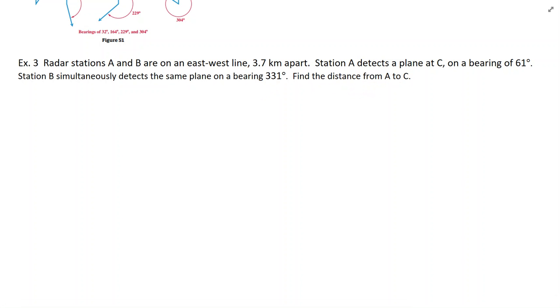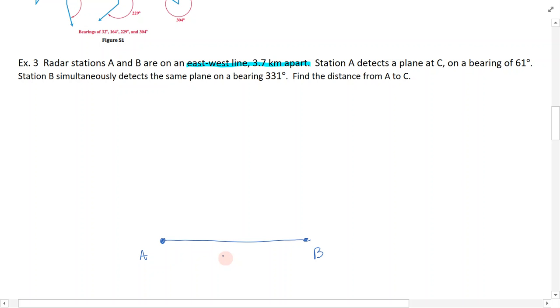So of course, the first thing we want to do is sketch what they're talking about here. We know from this sentence that stations A and B are on an east-west line. So I'm going to come down here and say, here's station A and here is station B. And those stations are 3.7 kilometers apart.